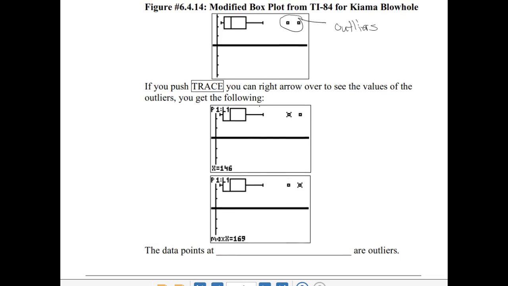And if we trace over those, we see that this one, as we trace over it, the calculator tells us that that's at 146. And this one tells us that that one is at 169. So the data points at 146 seconds and 169 seconds are outliers for this particular set of data.